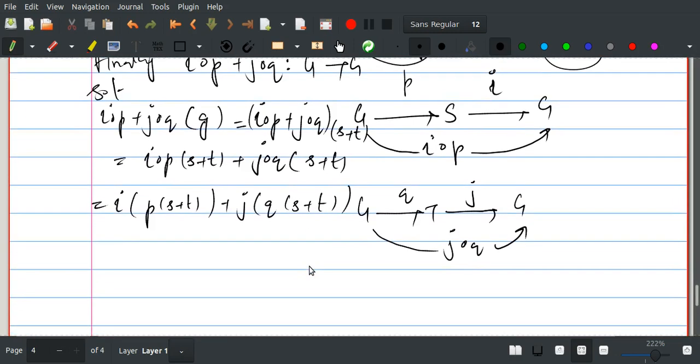Now this P is a projection of G onto S, so this will give us the first component of this element here.